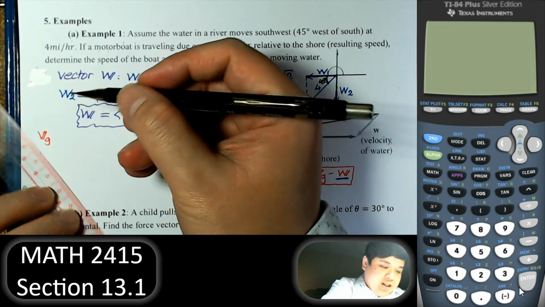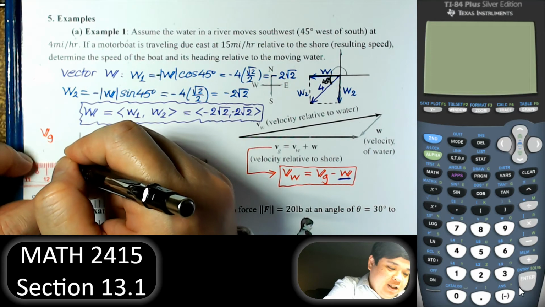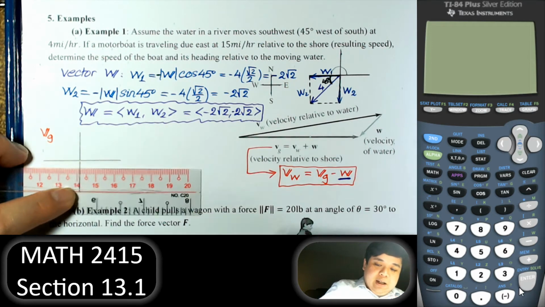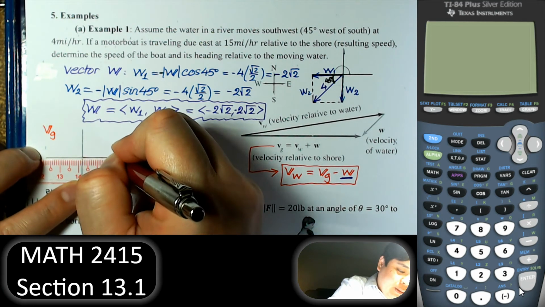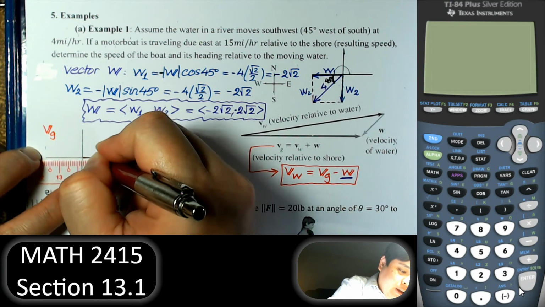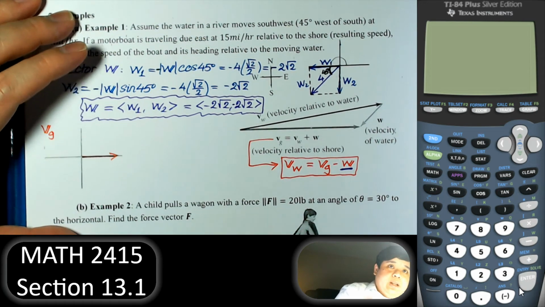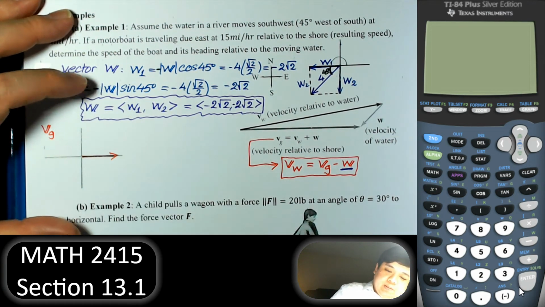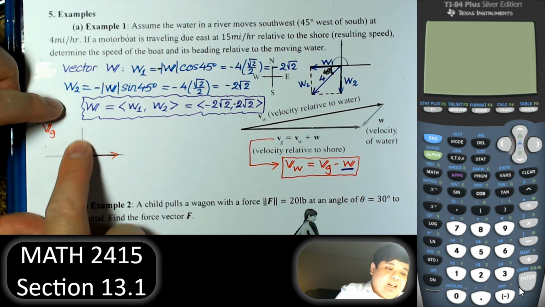If we want to draw that, just go in this direction. So in this case, if we change VG sub 1, the first component is 0. I'm sorry.